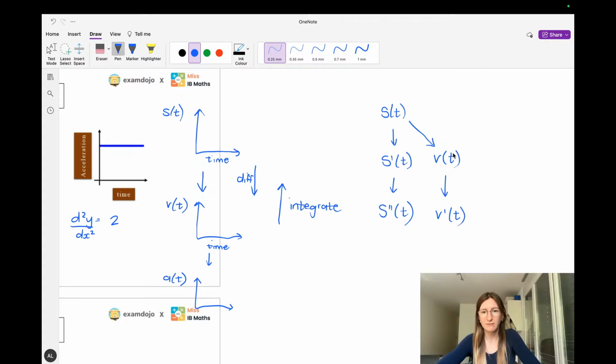So velocity and the first derivative of displacement are the same. And then we can also go from velocity to acceleration. So these are just the different ways. So acceleration can also be the second derivative of displacement, just in case you get different notations.